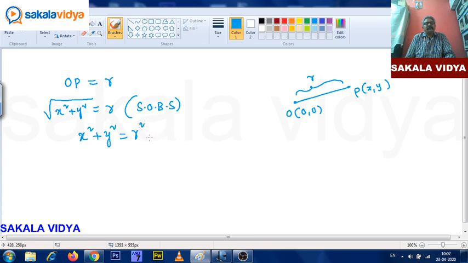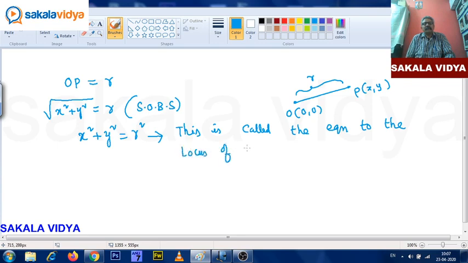This is called the equation to the locus of P x comma y.